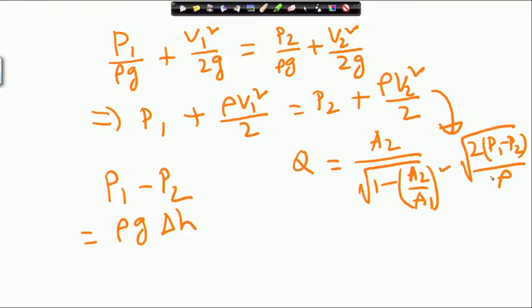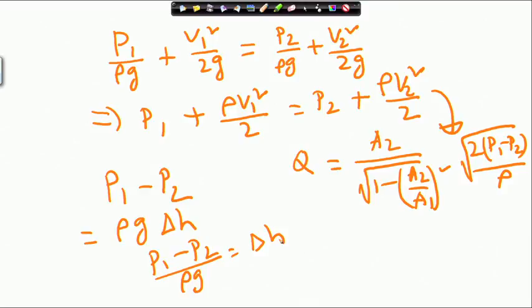Of course, this can be corrected by multiplying the discharge coefficient term CD, but the point we want to make here is this P1 minus P2 term, if it is expressed in terms of the same fluid's length that is flowing through the tube, I will be able to write P1 minus P2 by rho g equal to delta H.